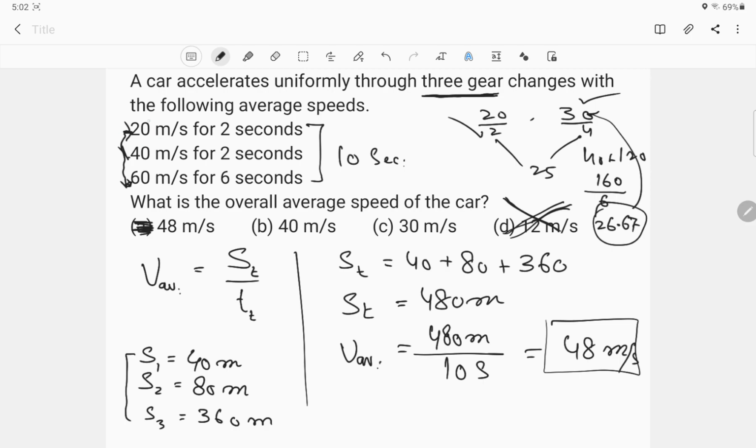Here are the three velocities, so you can make a guess but not an exact value. So greater than 40 and less than 60 is the only value, that is 48. So the correct answer can also be determined by a guess using these tips.